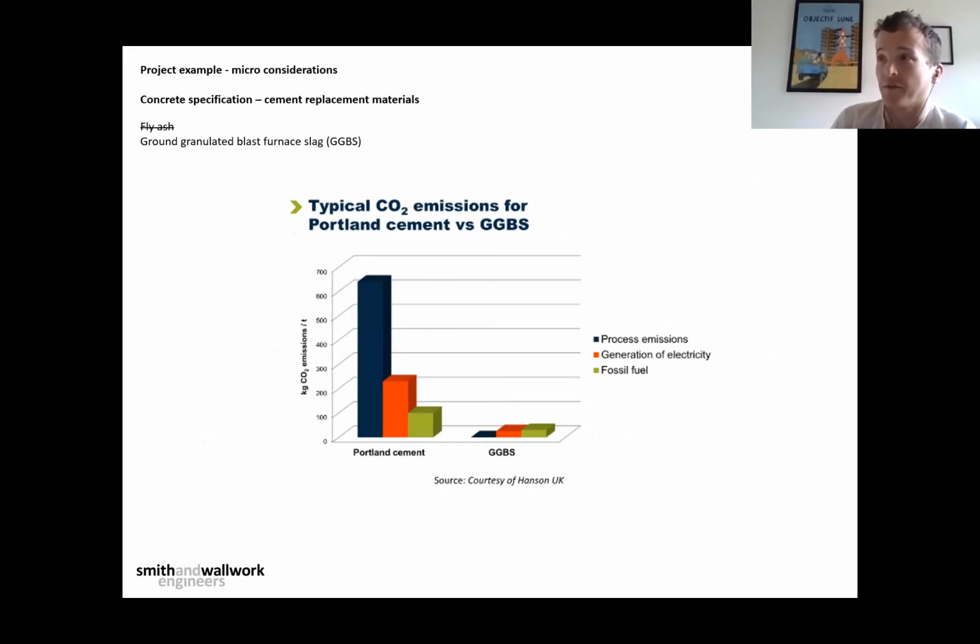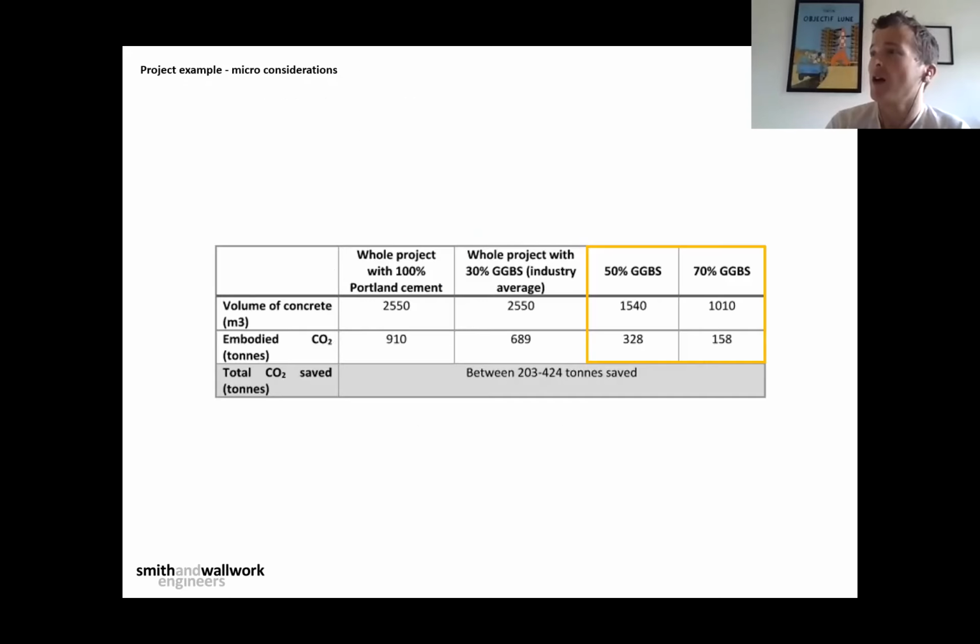And so what we looked at for this raft slab was to quite significantly increase the proportion of GGBS in the concrete. So we've gone for a 70% GGBS mix, which compared to your 30% GGBS average across the industry, I see the column on the right there, with a 70% GGBS, you save quite a lot of CO2 from that concrete.